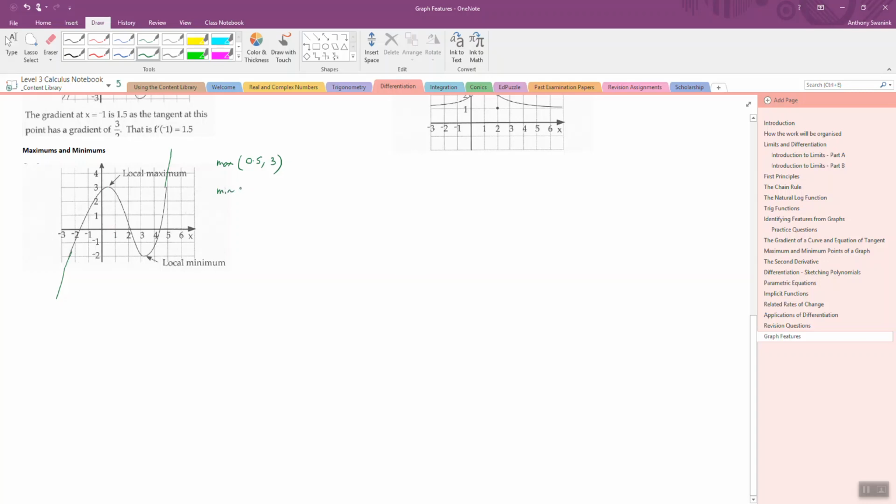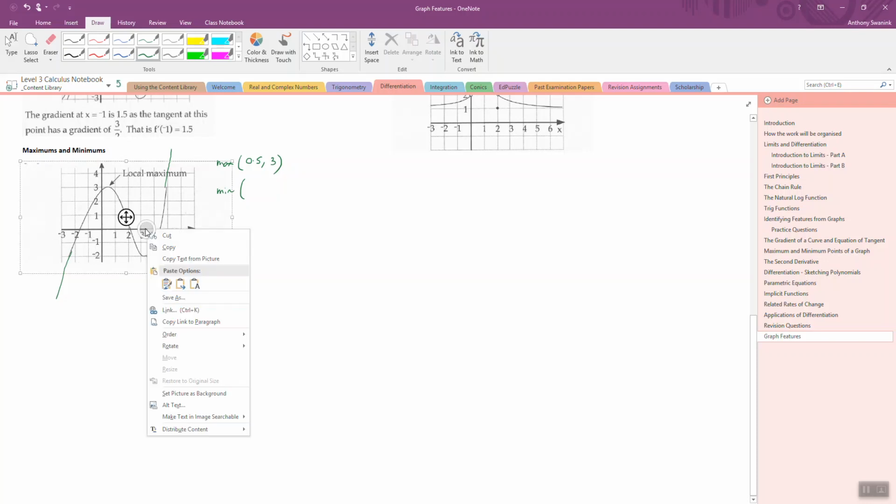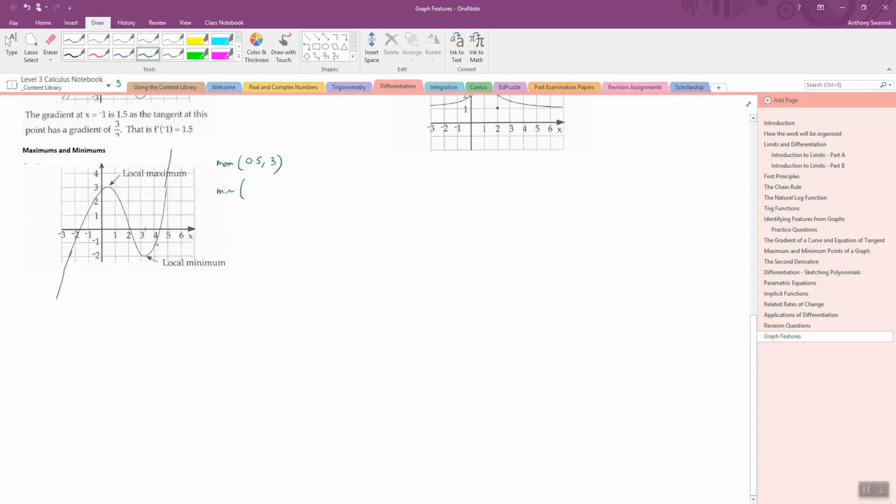And the minimum point, min for short, is not 3.5, maybe 3.25 or 3 1/3. What would that be there? Sorry for that folks, I think that's around about 3 1/3. So I'm going to say 3.3 comma -2 is the coordinates of that local minimum or minimum point.